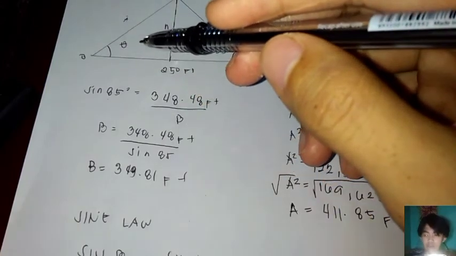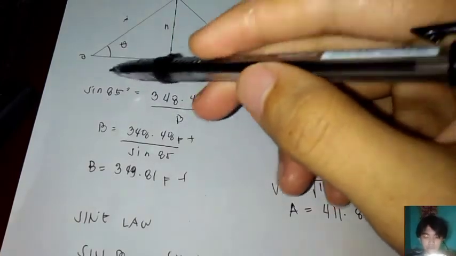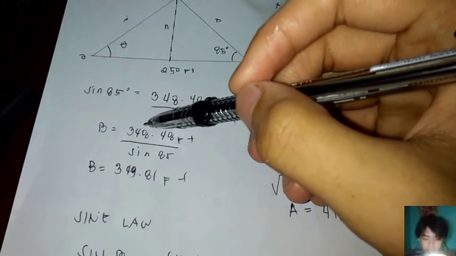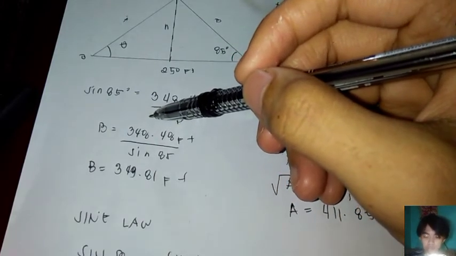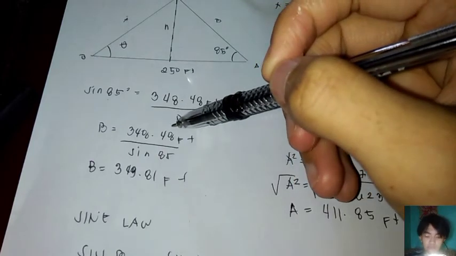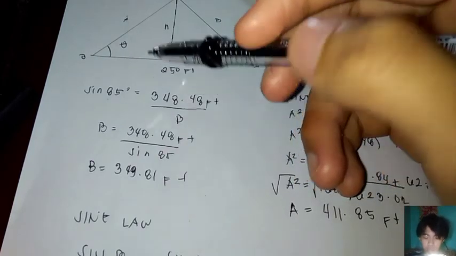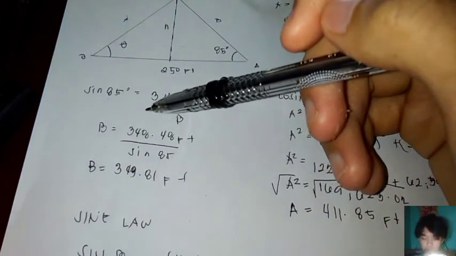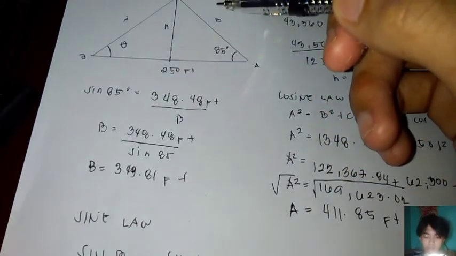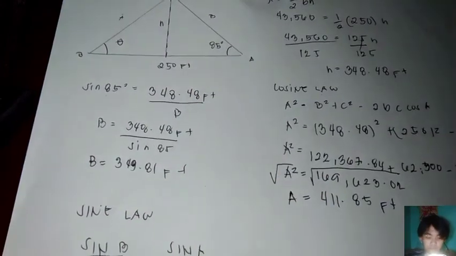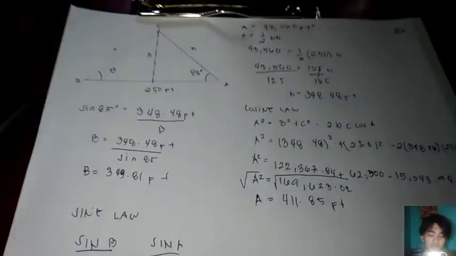Let's transpose the base. So we have 348.48 feet over sin 85. So our base is equal to 349.81 feet.